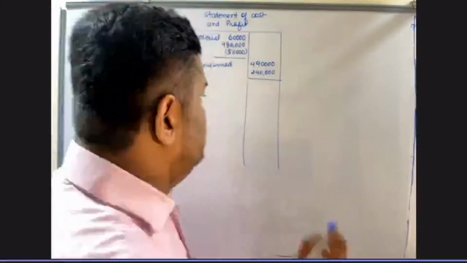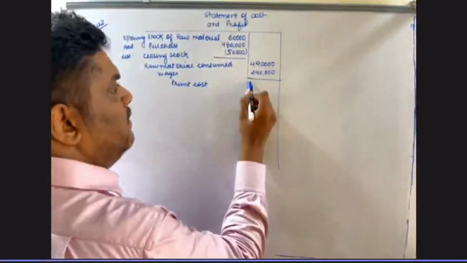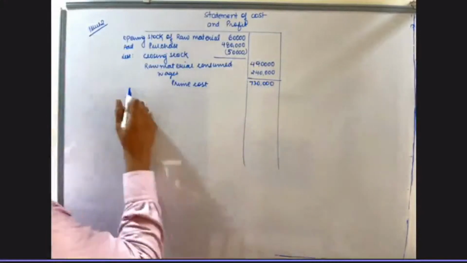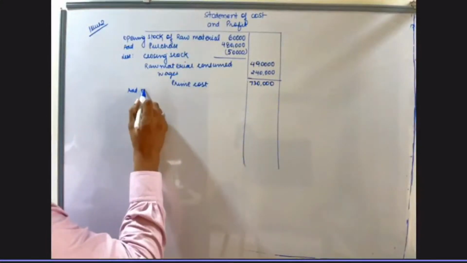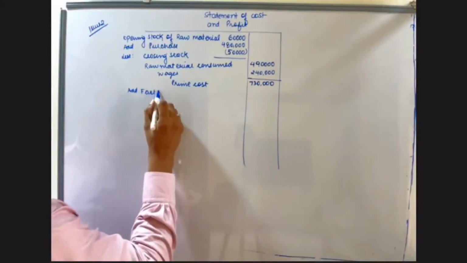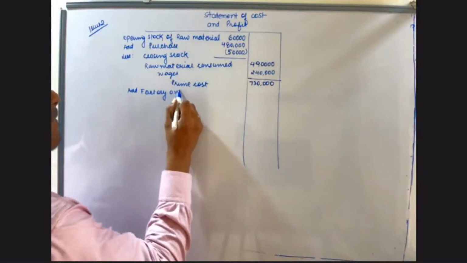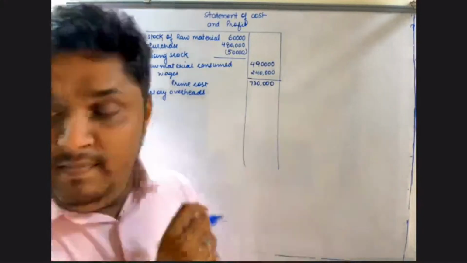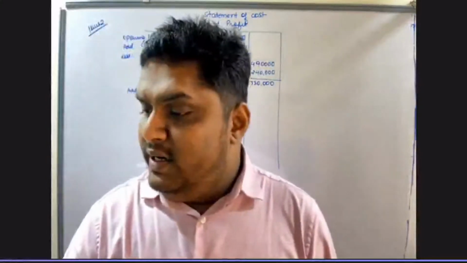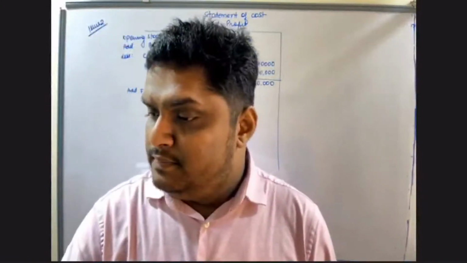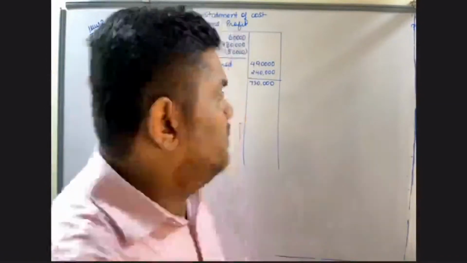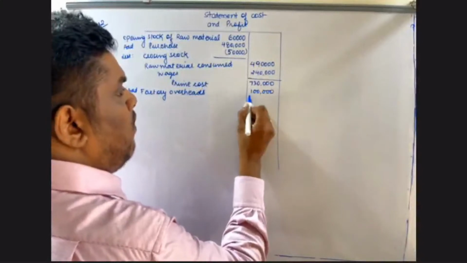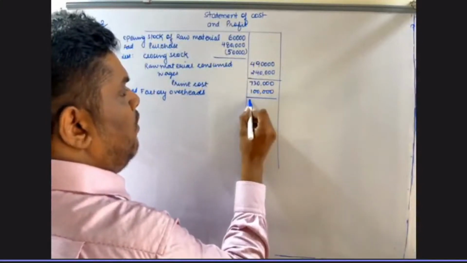So this will be 7,30,000. In this, we will add all the factory overheads. Here my factory overheads are 1 lakh. So this will be 8,30,000.